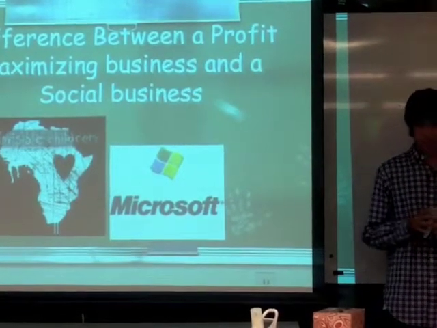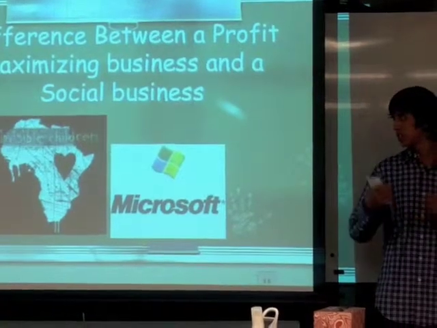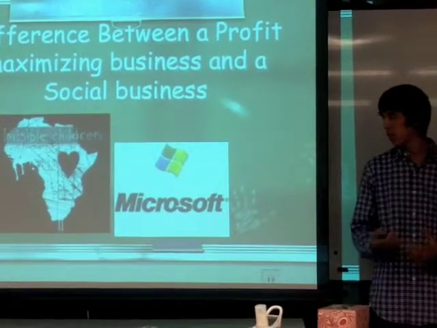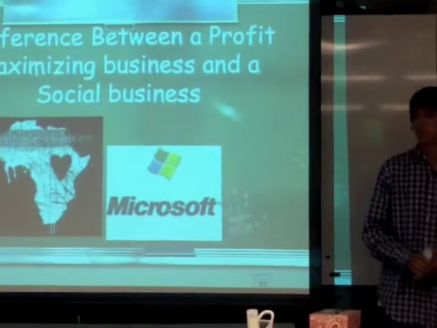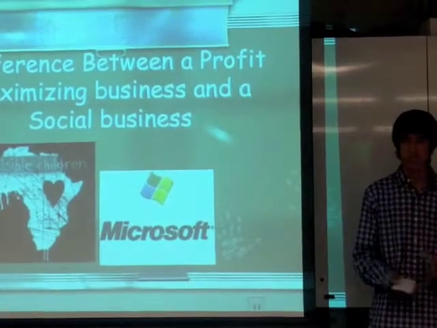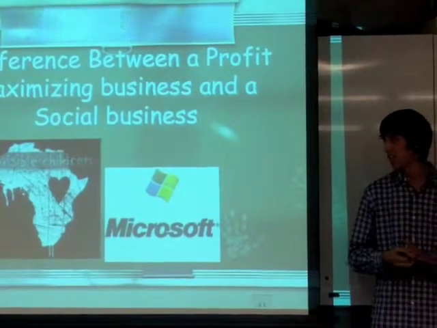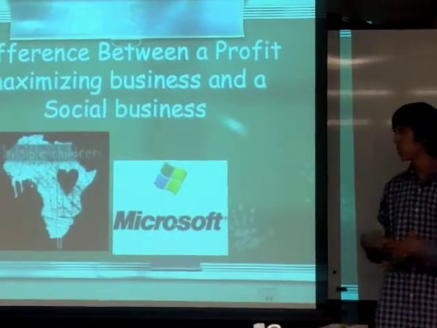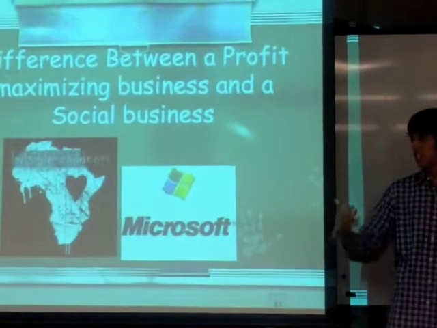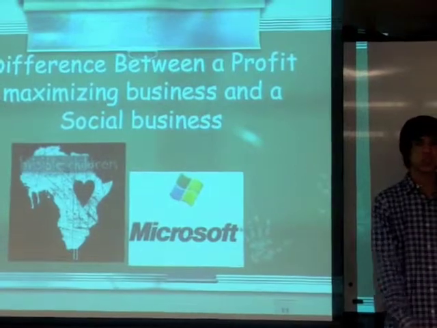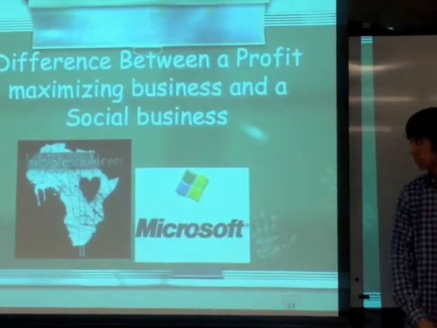Now, a social business is looking towards a long-term change. So they do want to make a change, and second of all, they want to make it in the long term, something that is going to make a big change and is going to make a big difference towards whatever the cause is.